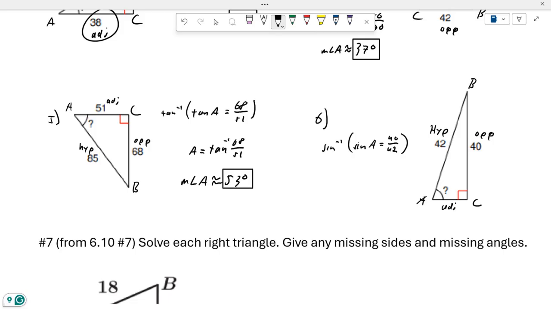We'll get our unknown by itself, use the inverse of sine. So A equals inverse sine of 40 over 42. And so the measure of angle A is approximately something.